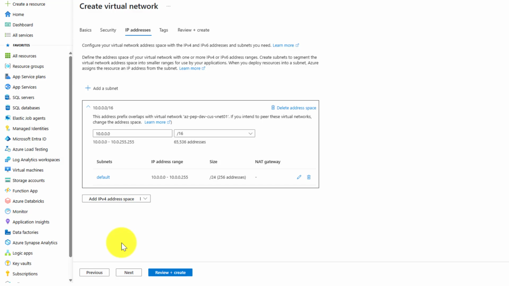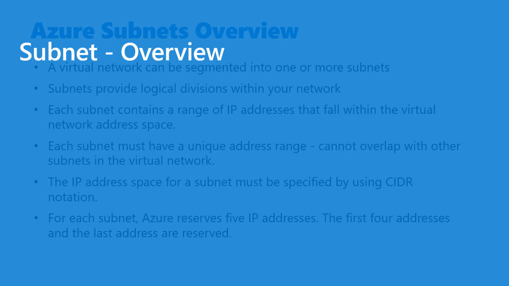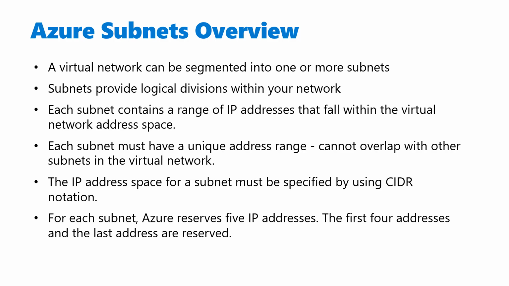Before we start writing Bicep code, we will also understand what is a subnet. Okay, let's head over to the slides. Let's understand what is Azure Subnet. Basically, a virtual network can be divided into one or more segments. For example, you may want to store all IP addresses related to SQL in one subnet, all web related things in one more subnet.